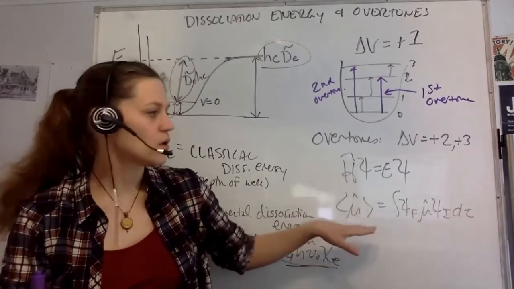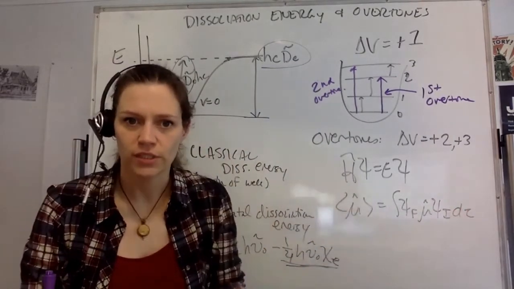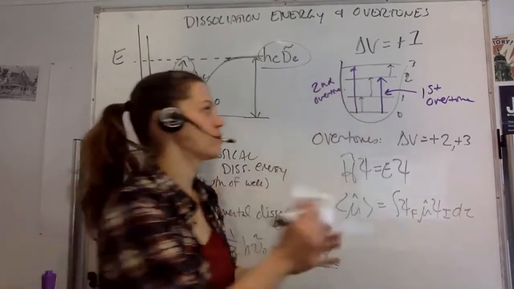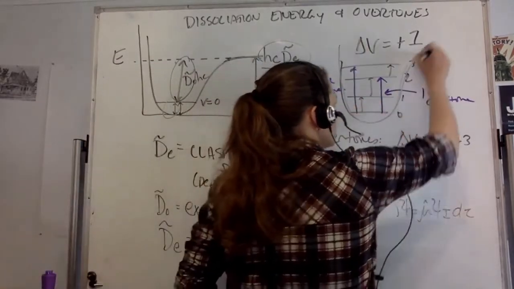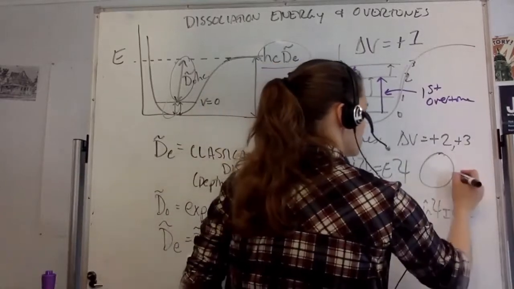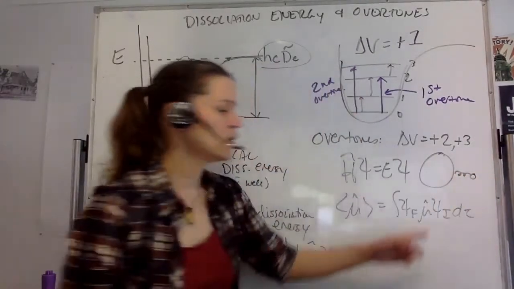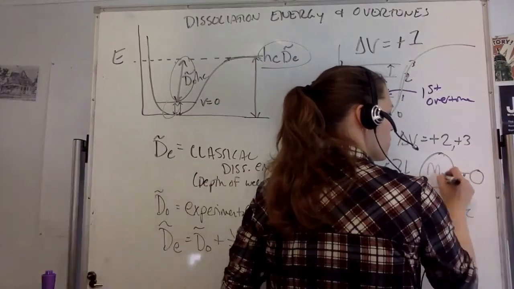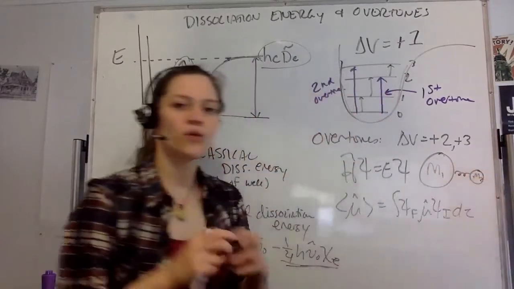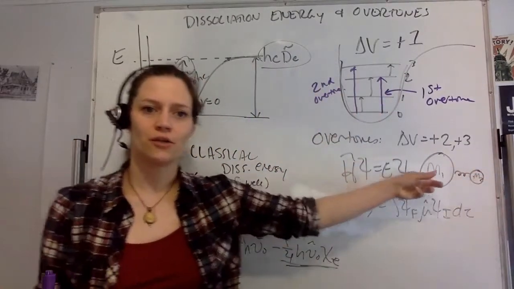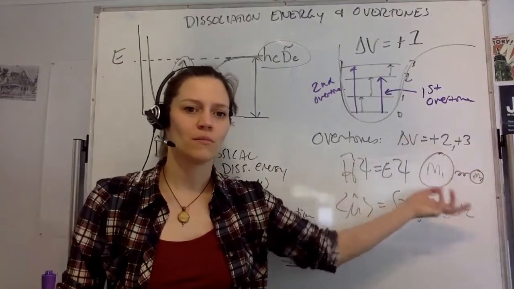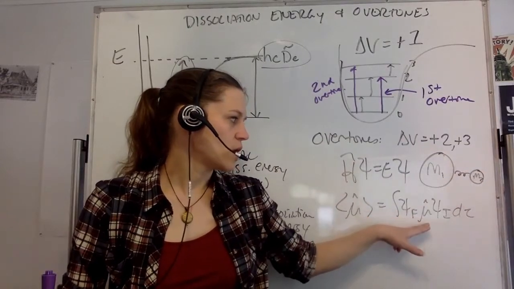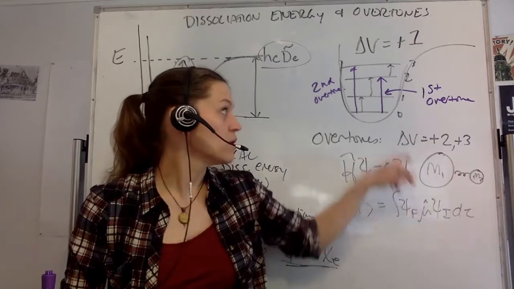When this equals 0, you have a forbidden transition. It happens that when you have anharmonic, that's a big mass on a spring. So M1 and M2, when you have an offset in your masses, so you have an anharmonic oscillation, the transition dipole moment operator becomes non-zero, very weakly.